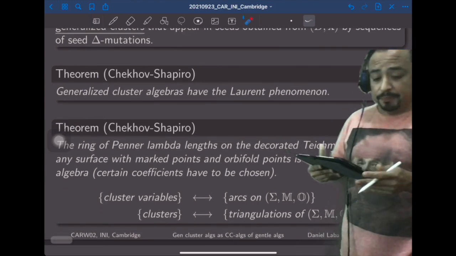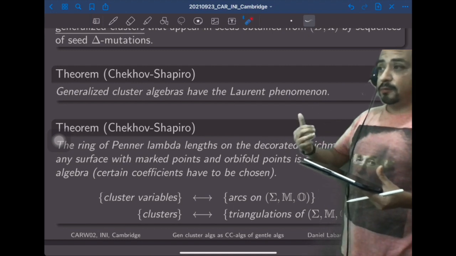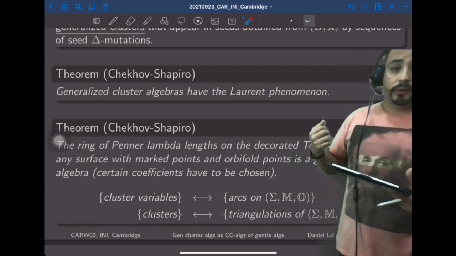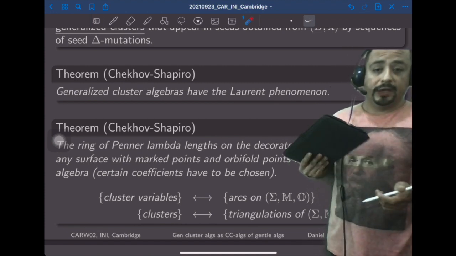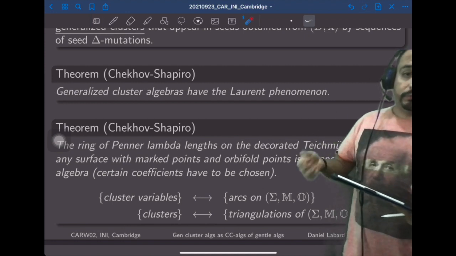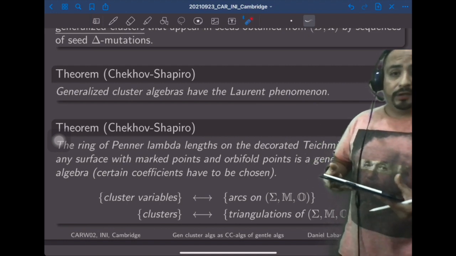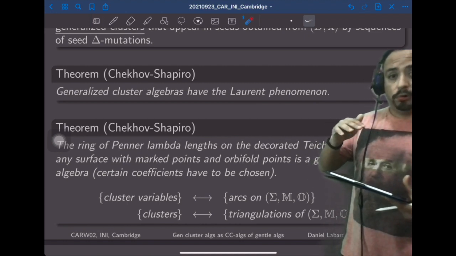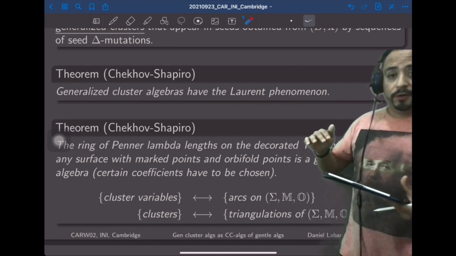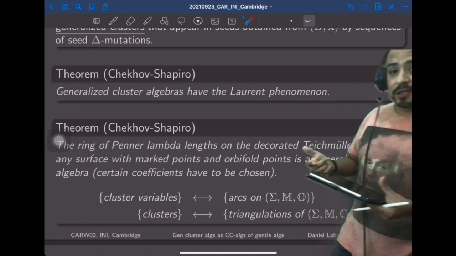The point is that surfaces with orbifold points arise naturally when one considers Fuchsian groups that have elliptic elements, that is, discrete subgroups of PSL2R that are not torsion free. And when one considers the quotient of the hyperbolic plane by the action of such a group, one obtains a surface with orbifold points. So they do arise naturally in geometry.